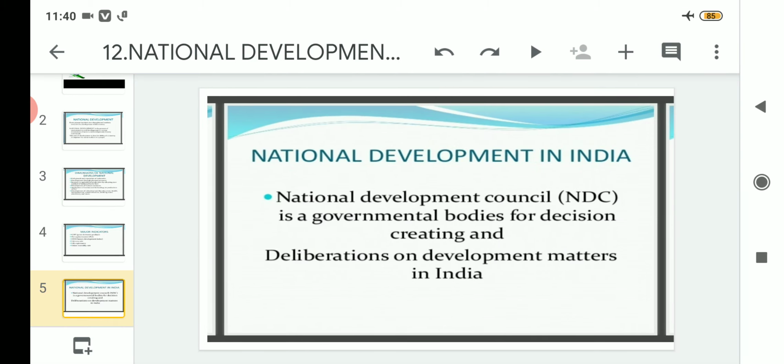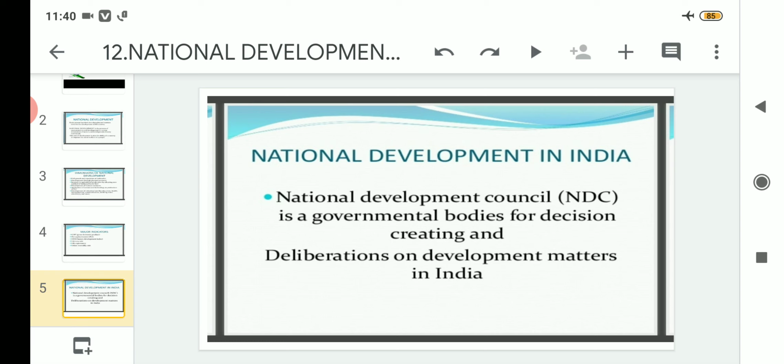Now moving on to the next topic, that is national development in India. The National Development Council, NDC, is the governmental body for decision creating and deliberations on development matters in India. We have already understood national development, its definitions, its dimensions, and the major indicators related to it.